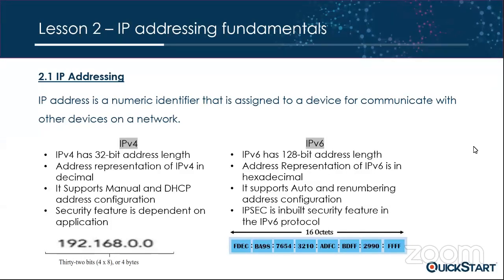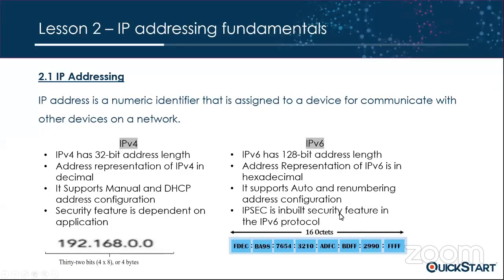We are eventually gonna be overwhelmed with the IPv4 thing very soon, but I've been hearing this for the last 10 years. So we are still using IPv4, right? The address representation of IPv4 is decimal, and on the other hand, IPv6 uses hexadecimal. Let me clarify: decimal is from 0 to 9, and hexadecimal is 0 to 9 but comes with A, B, C, D, E, F up till F, right?